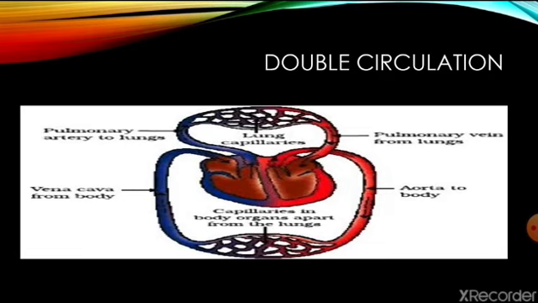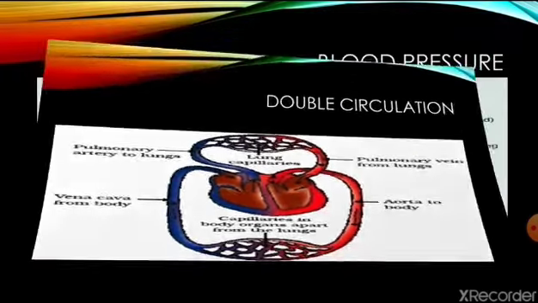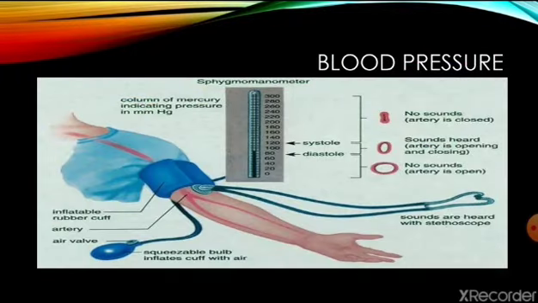And this double circulation consists of two processes. One is the pulmonary circulation and another one is systemic circulation. Now coming to the next one, blood pressure. We all know that solids exert pressure, liquids exert pressure, as well as the gases exert pressure.